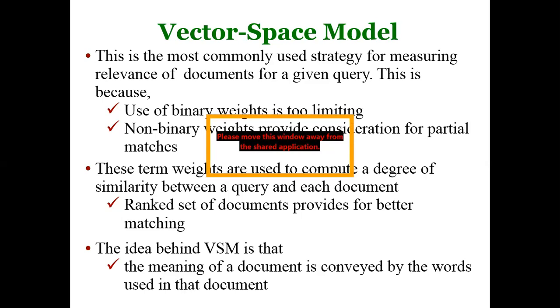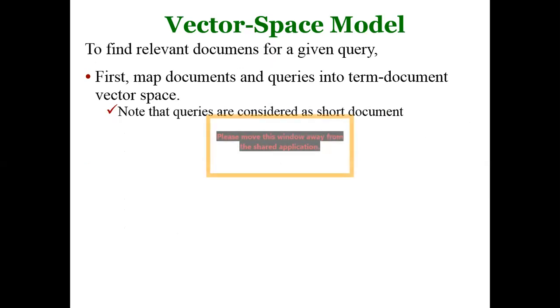If partial matching is applied, best matching is a must for ranking and for prioritizing which documents are more relevant. They have to appear at the top of the list, and those least relevant at the bottom of the list. That's why nowadays the vector space model is widely used, since it helps us to apply non-binary weight, partial matching, and best matching.